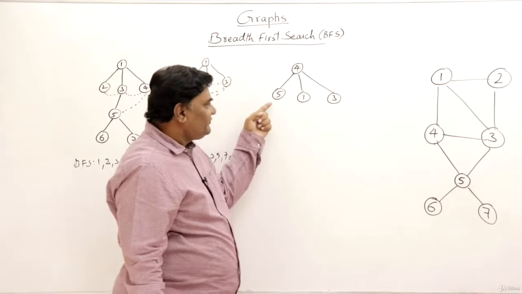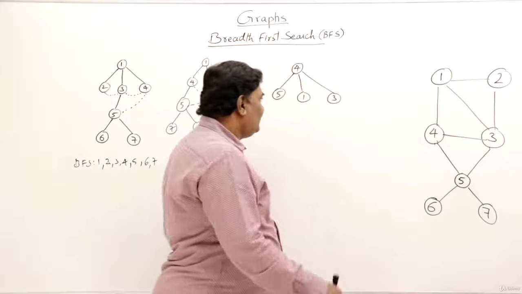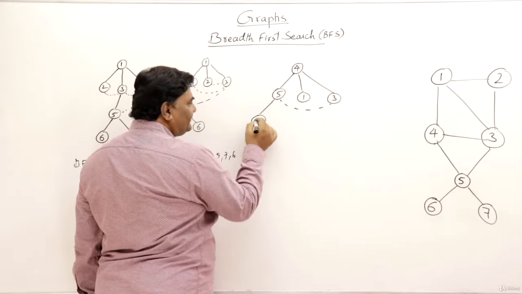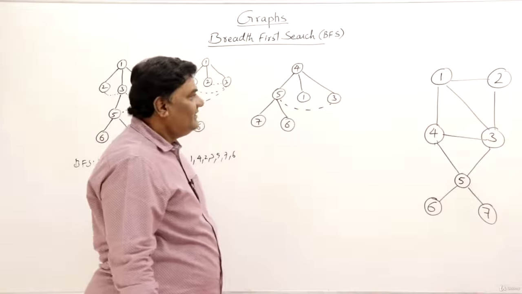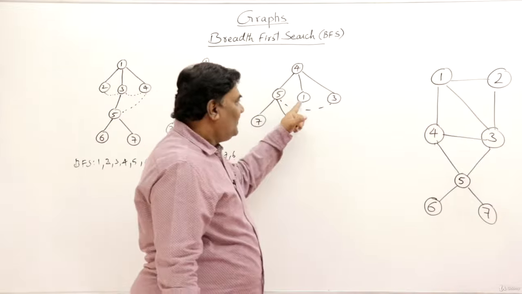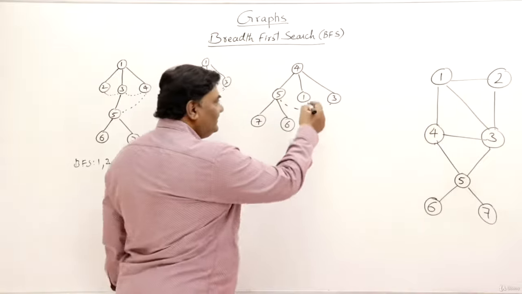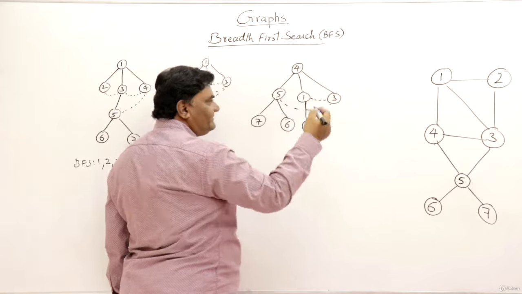Then whose adjacent should I take? 5. For 5, 3 and 6 and 7 are adjacent. So 3 is already there. So 6 and 7. So I will take first 7, then 6. Okay, no problem. Then whose adjacent should I take? 1. So for 1, who is adjacent? 2 and 3. So for 1, 2, I will draw it. 3 is already there.